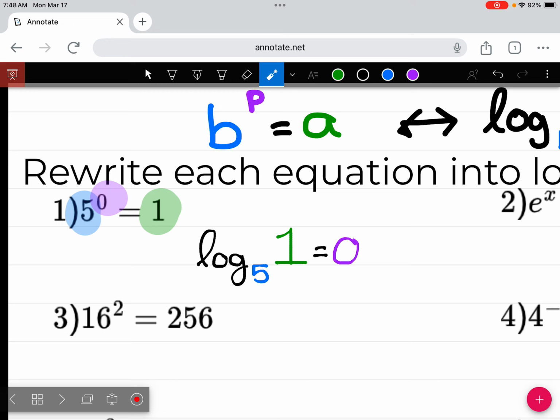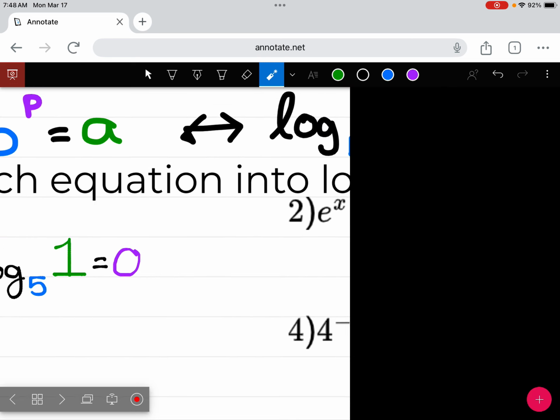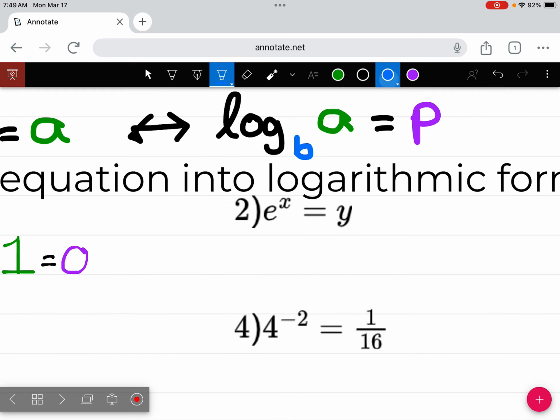So what is our base for number 2? E. What is our power for number 2? X. What is our argument for number 2? Y. So we've got our base, our power, and our argument.